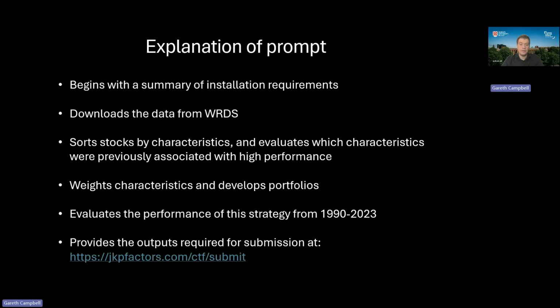What we get the prompt to do then is to work through each of those 400 different variables. And for each of them, we work out how those types of companies have performed in the past. So maybe we find that smaller companies perform better. We maybe find that value firms perform better than growth firms. That type of analysis gets performed across all 400 different characteristics.